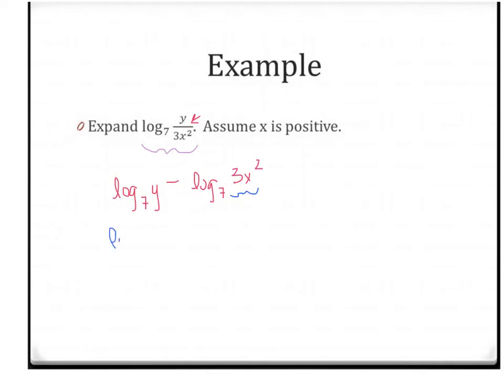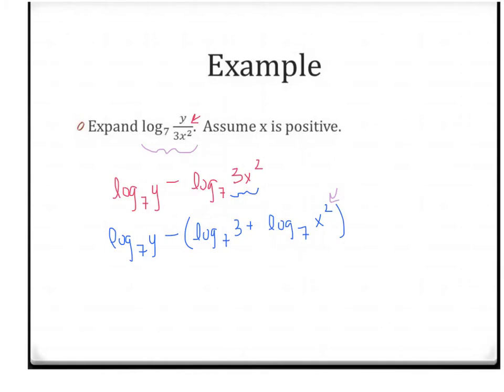But if I have a product, I can expand that further. So this is going to become log base 7 of y minus, I'll put parentheses there because I'm subtracting this whole thing, log base 7 of 3 plus log base 7 of x squared. Okay, and then you can do one of two things. You can go ahead and distribute that minus sign, or you can take care of the two, or you can do them both at once.